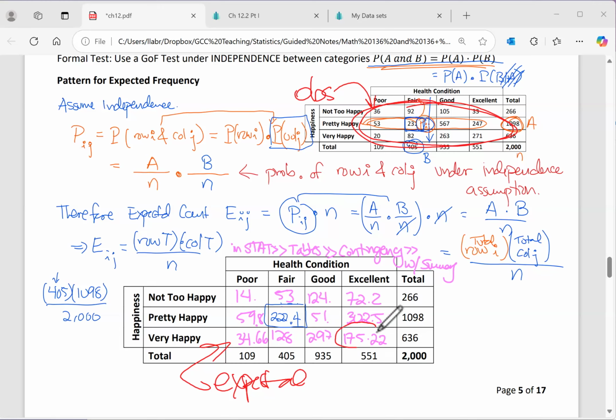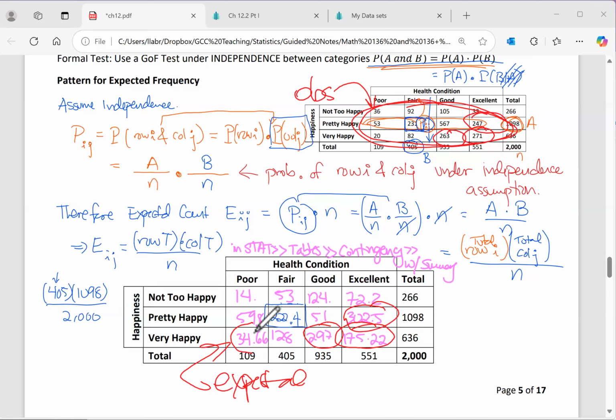So for example, this cell right here is 175, but I observed 271. That is 100 individuals different. 302 versus 247. So maybe that one's not so bad. Maybe about a 55 difference. And then this 297 versus 263, that's maybe kind of close.